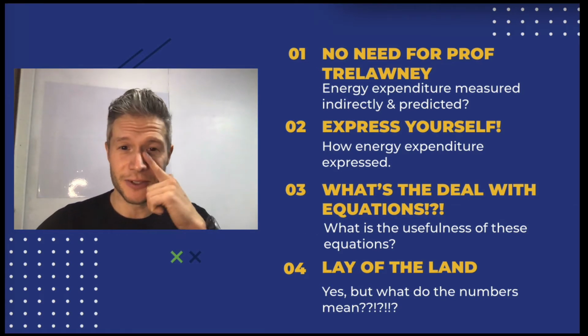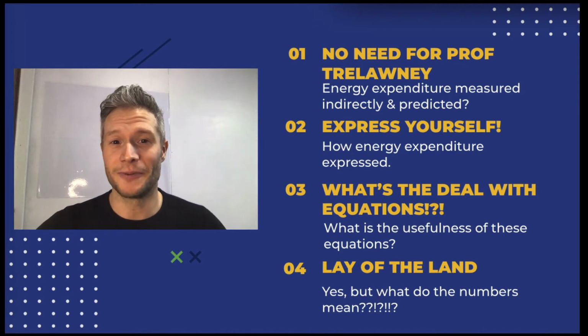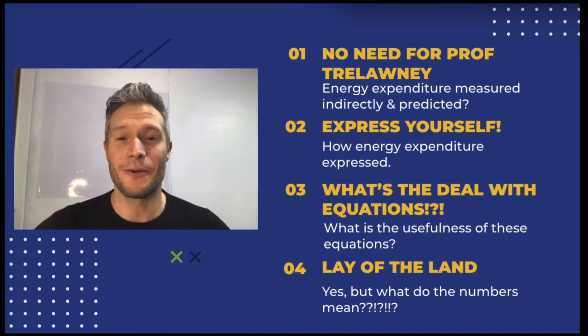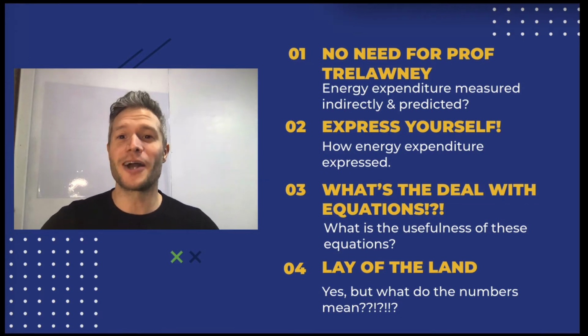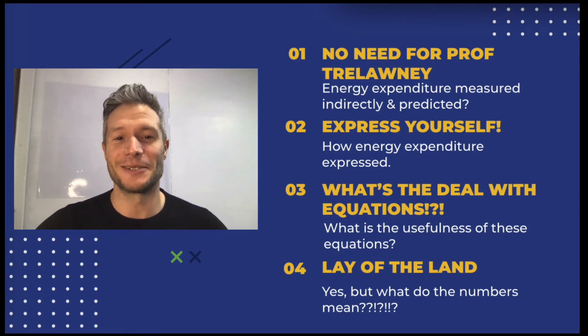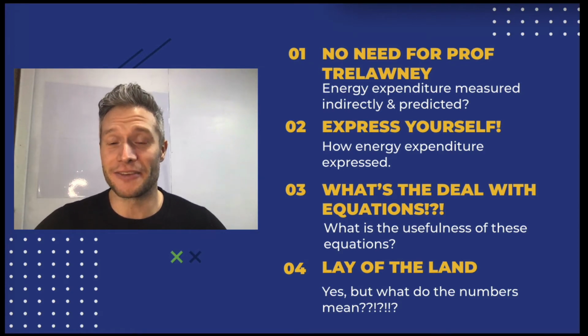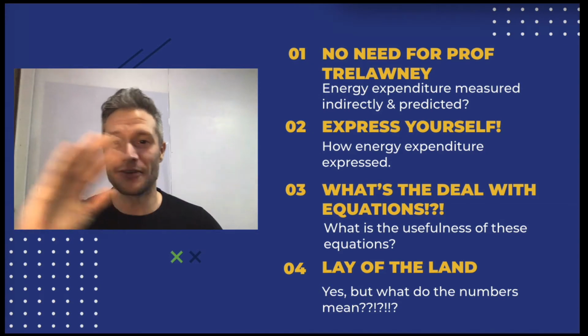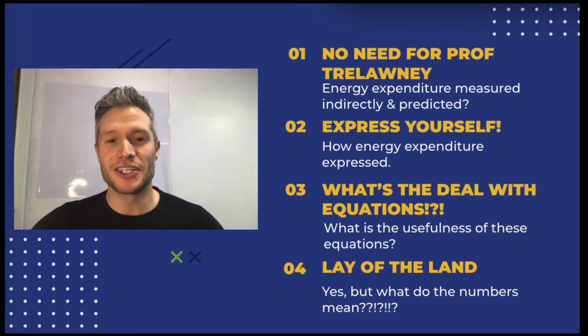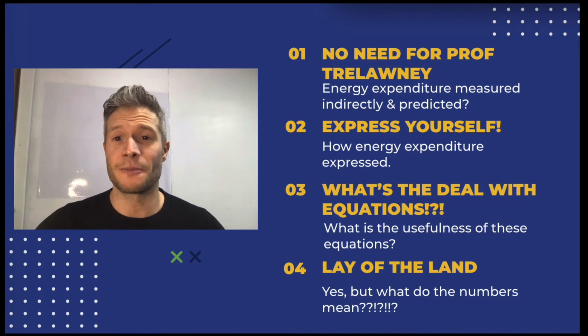Then we'll get into what's the deal with all of these equations. Why would you ever use these? What is the usefulness? Why are you learning this, essentially? And hopefully by the end of it, that will help you understand a bit more of the lay of the land, or lay of the equations, and what the different numbers mean.